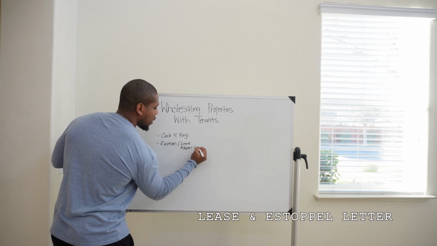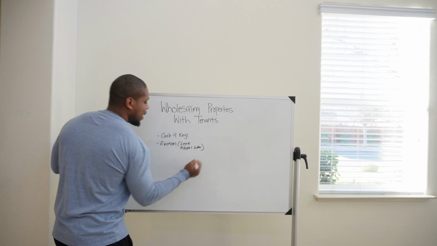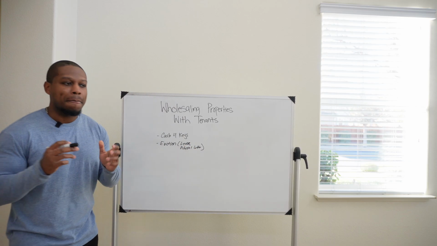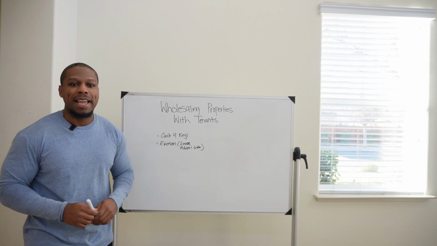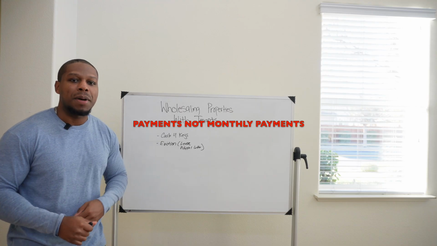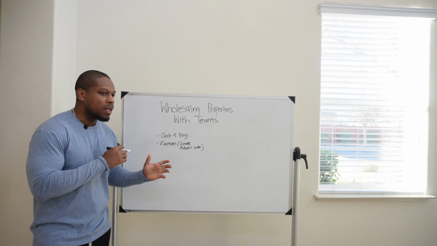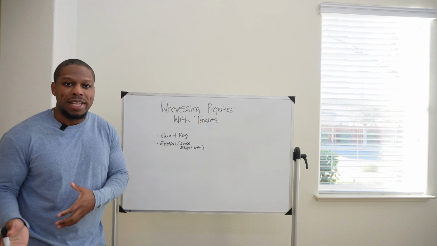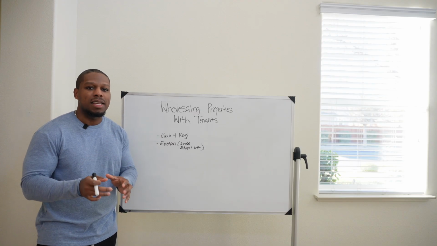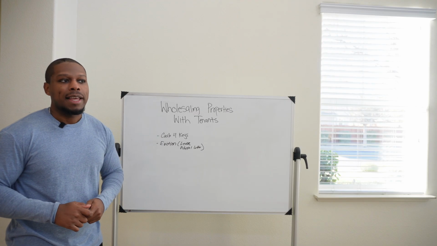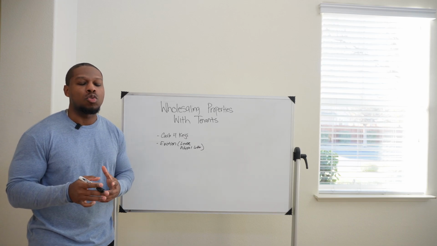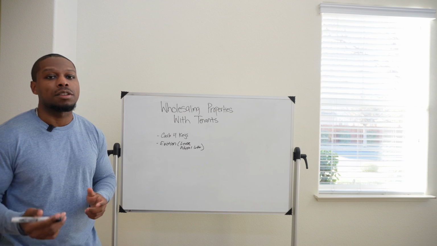So the estoppel letter basically gives you all the details of that lease, like how often are the monthly payments, how much is the deposit, if there were any advance rents paid, just everything that's in the lease is going to be in that estoppel letter. And make sure that the title company gets on that. The title company is somebody who will basically chase down the seller for that.